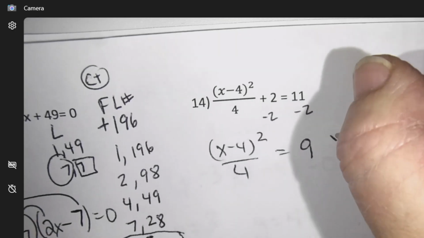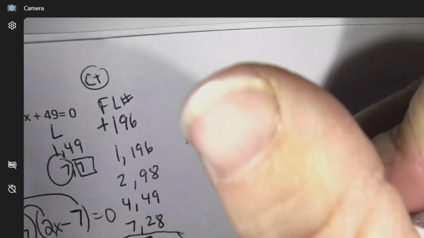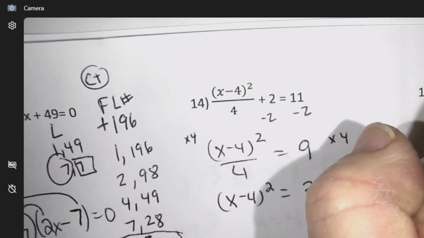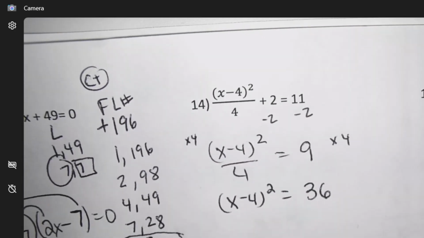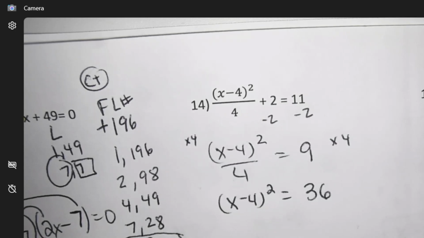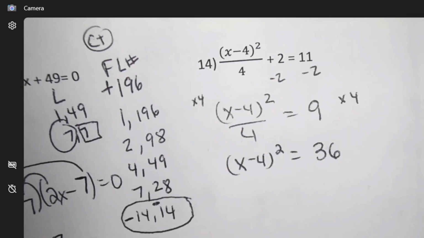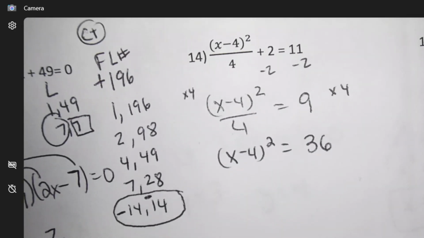I'm going to times by 4. Okay, I am going to square root.